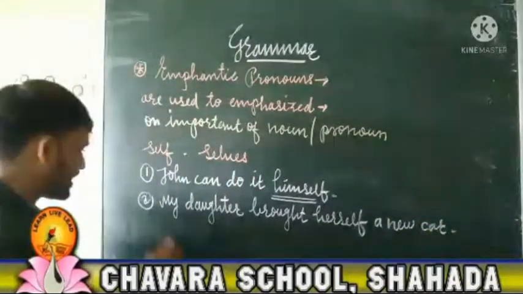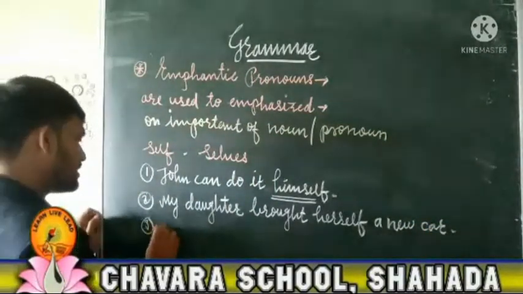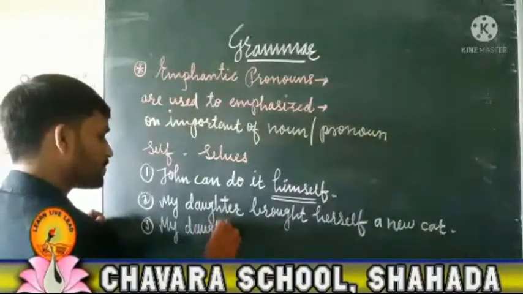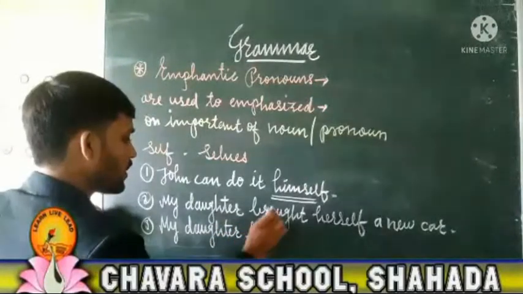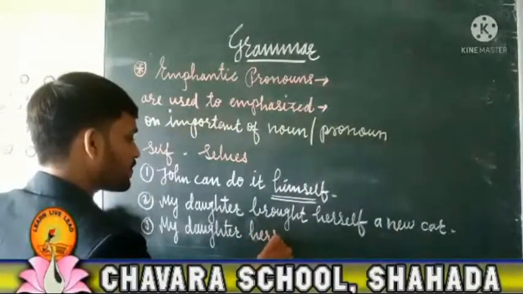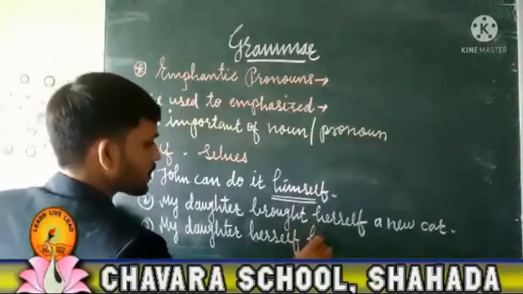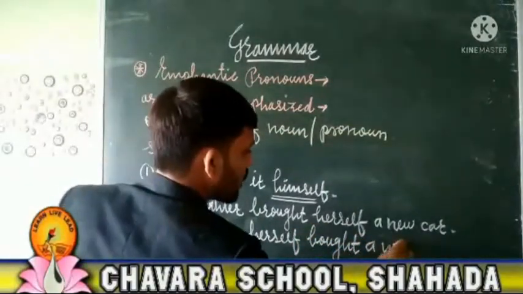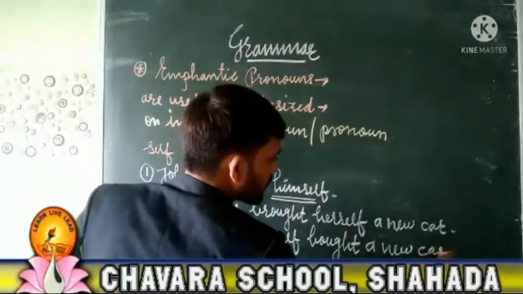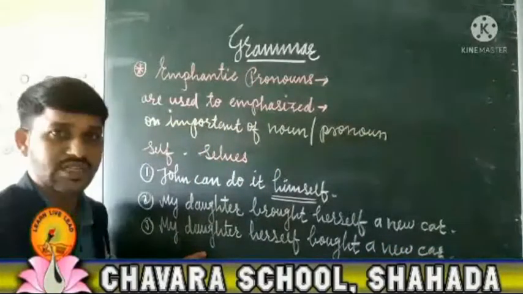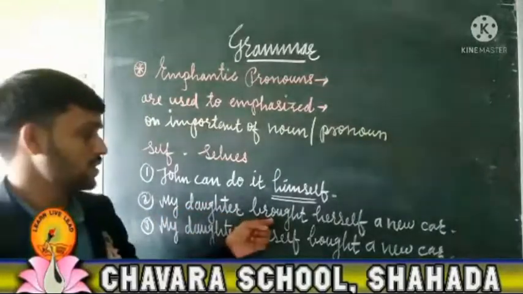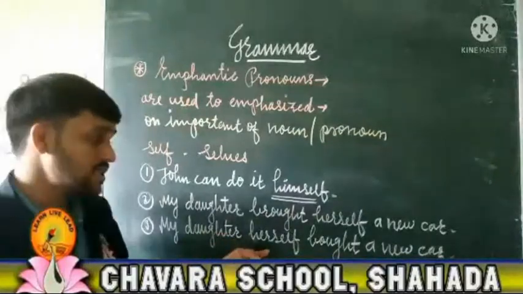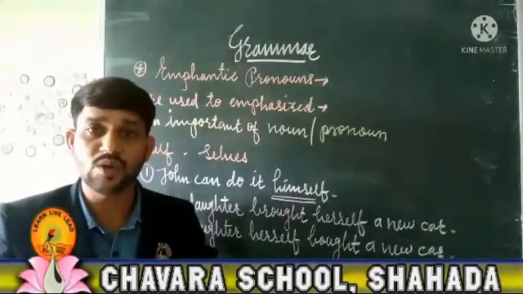This is one sentence, and another sentence is: my daughter herself bought a new car. See, both the sentences: my daughter bought herself a new car, my daughter herself bought a new car.